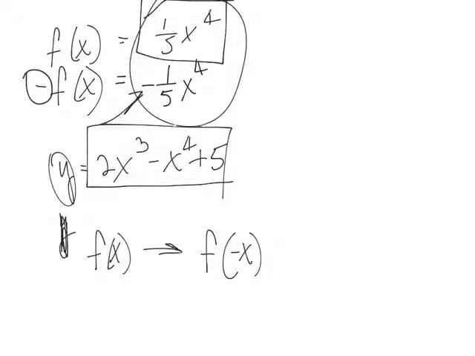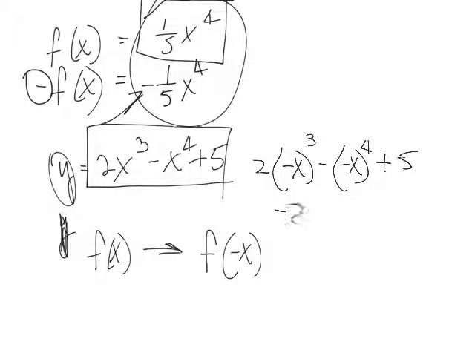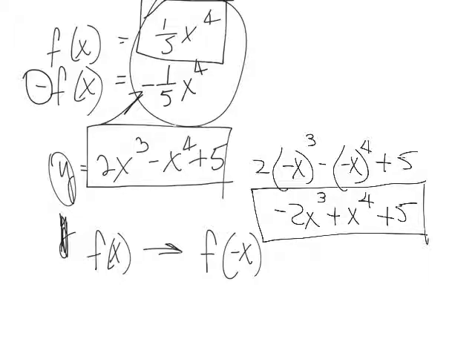So it's going to look like this. 2 times negative x cubed minus negative x to the 4th plus 5. So this is going to be negative 2x cubed minus x to the 4th plus 5. So there is the equation for it reflected across the y-axis.